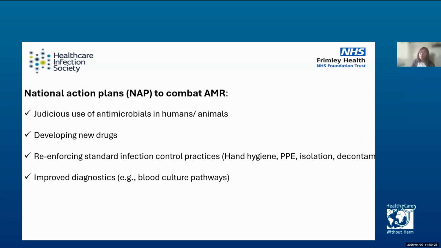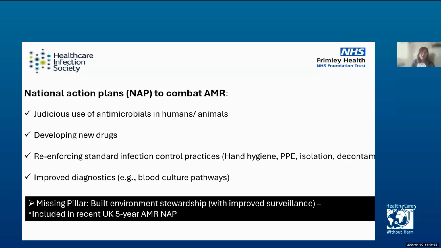We've been reinforcing standard infection prevention precautions like hand hygiene, personal protective equipment, isolation, and decontamination. And the majority of these infection control practices don't work for organisms such as the CPEs, or carbapenemase-producing Enterobacterales, which are the very resistant gram-negatives, when there is a persistent environmental reservoir. And we've also tried to focus a lot on improved diagnostics.